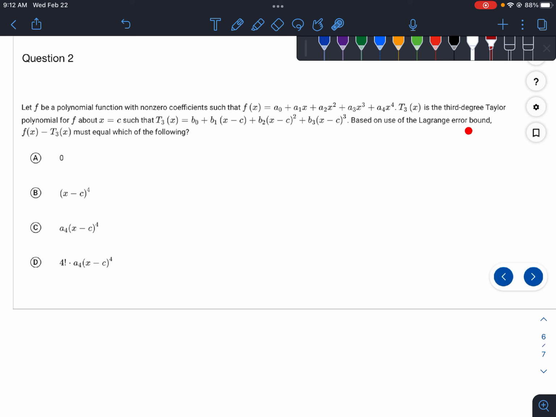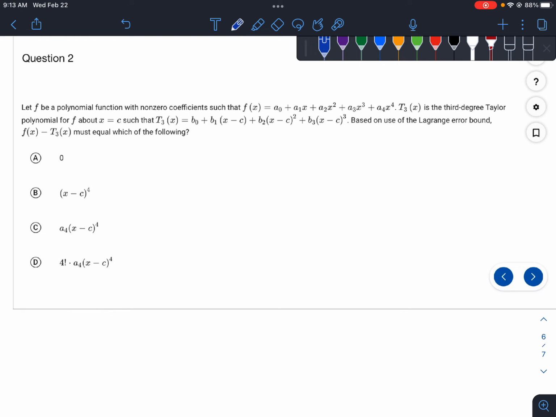So based on the Lagrange error bound, f of x minus T sub 3 of x must be equivalent to which of the following? Let's default to our definition. That's what I like to use. Just default to the definition, and I think it makes a lot more sense.